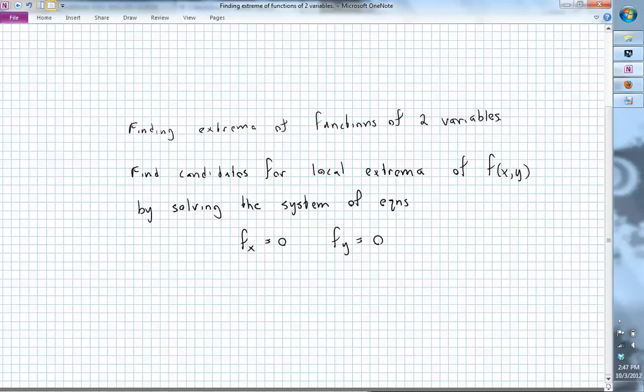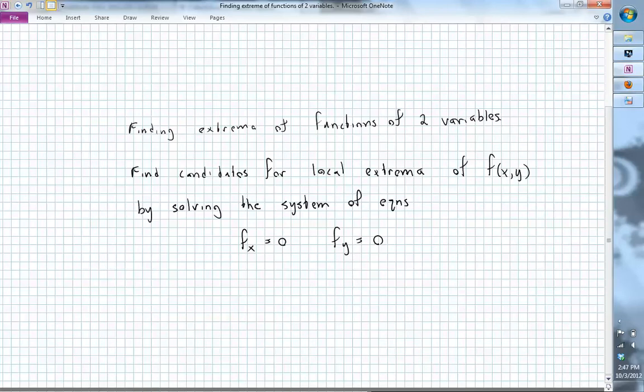And I use the word candidate because just like in Calc 1, there are going to be places where both of these partial derivatives are 0, and yet the point is not a local extrema. It's neither a maximum nor a minimum. Do you remember in Calc 1 where you had this function that would go like this and it would level off, but then it would keep going up? That point where it levels off, the derivative is 0 there. But that point is neither a maximum nor a minimum.